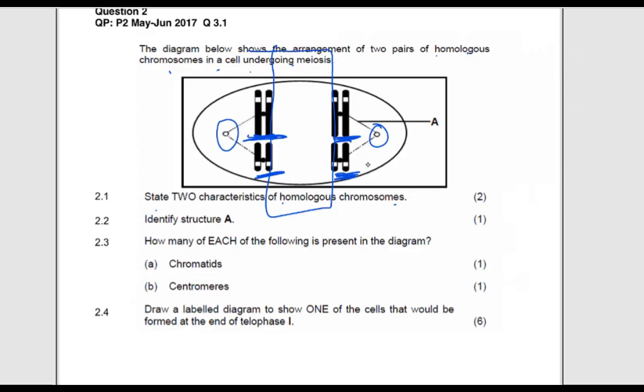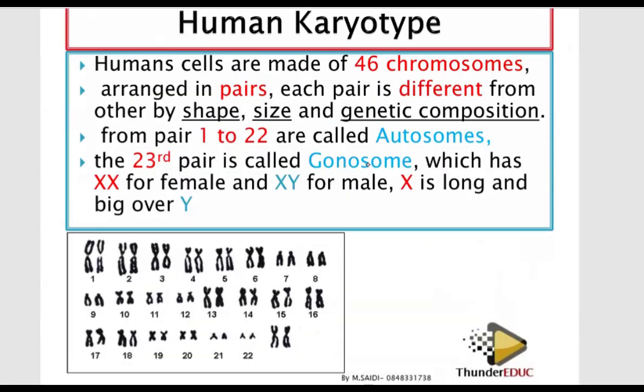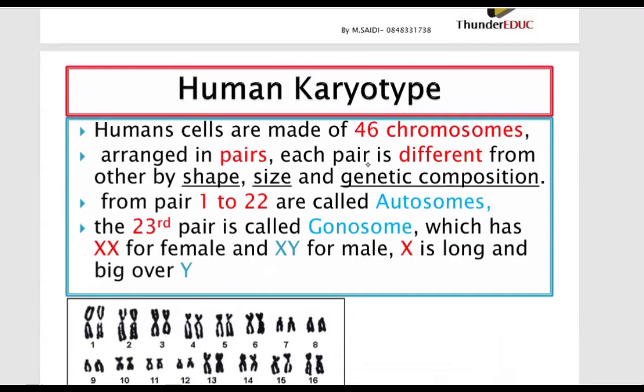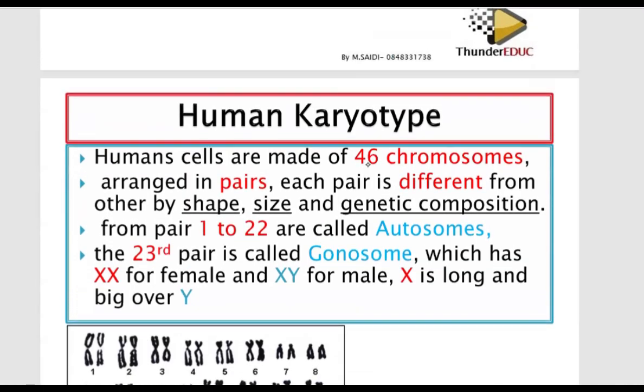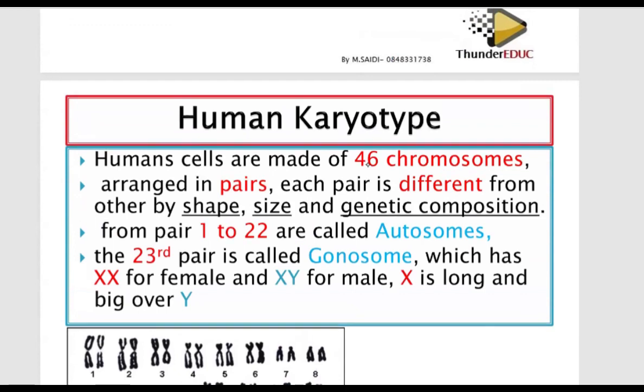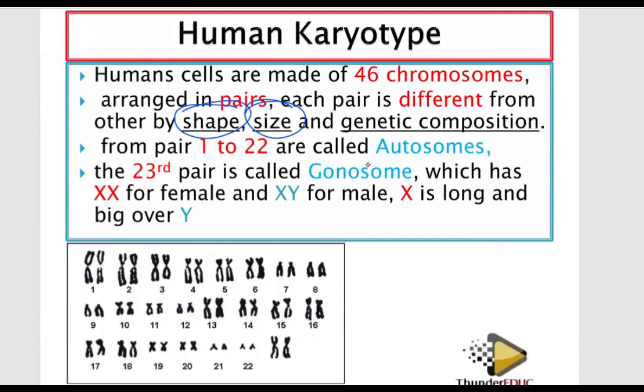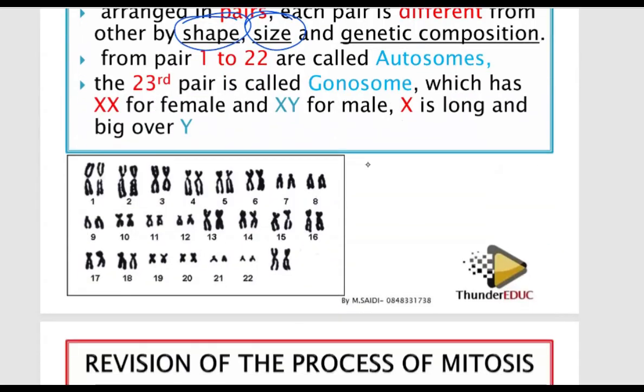Name two characteristics of homologous chromosomes. What can you say? They have the same size, the same shape, and the same genetic composition, or we can say the same shape and size. That one is obvious.